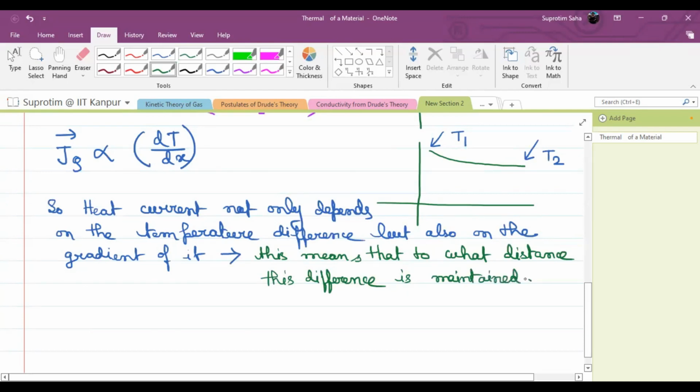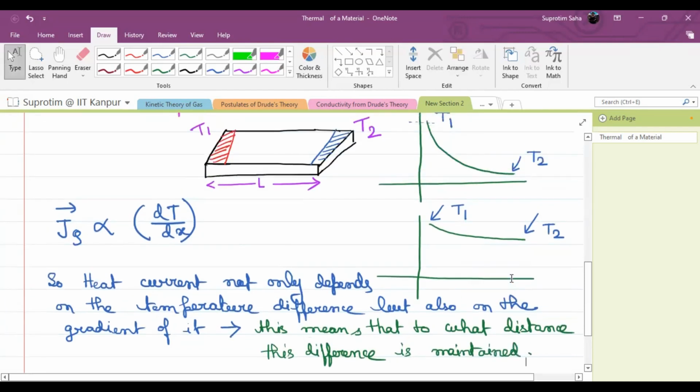So what I'm trying to say is that it not only depends on the difference T1 minus T2, but it also depends on the gradient, the distance over which this difference is maintained. That is dT over dx. All right.